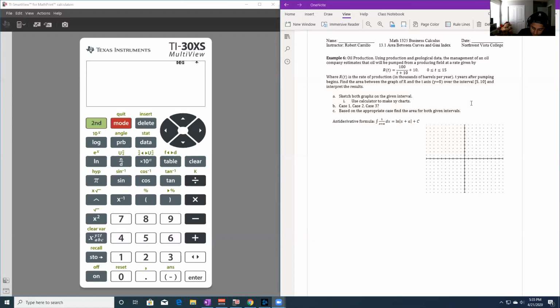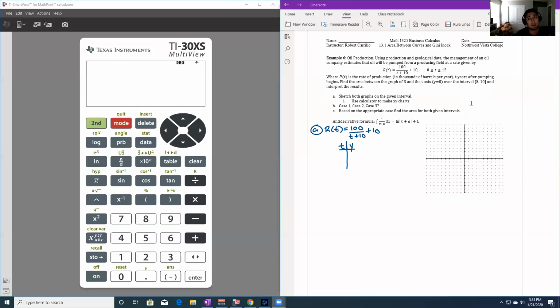So the first thing we're going to do is make our XY charts. So for R of t equals 100 over t plus 10, plus 10, you'll make your XY chart, or even better, your T-Y chart, because this is all in terms of t.